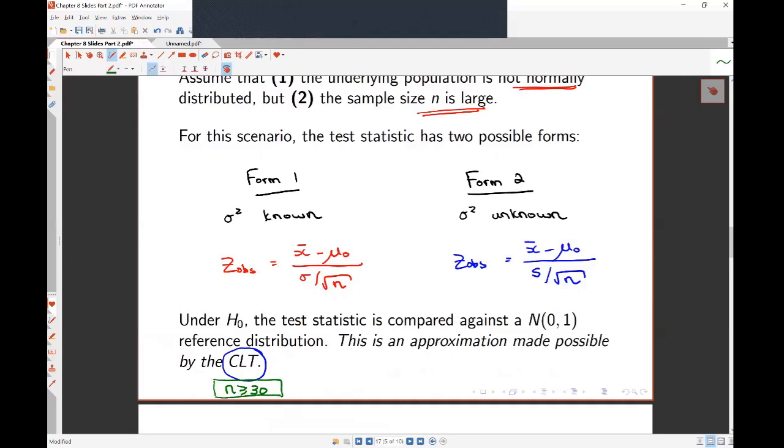If that's the case, you can still use the normal 0, 1 as a reference. So all the formulas that we developed for case 1 carry over. The only fundamental change is that we now are doing an approximation based on the central limit theorem, whereas previously we were doing exact calculations.